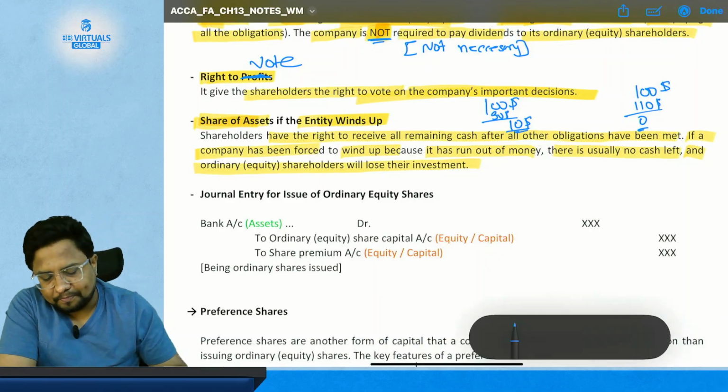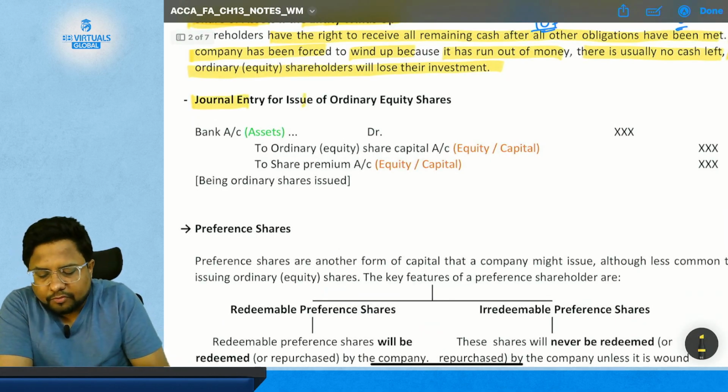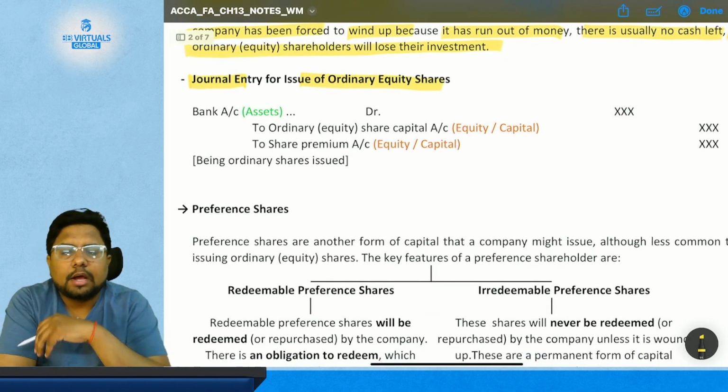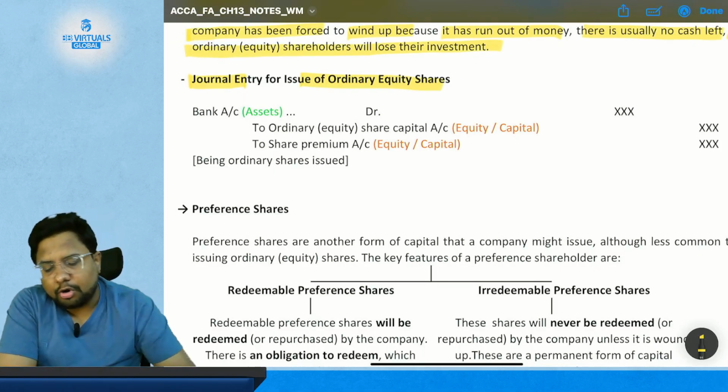Got it? Now let's understand the journal entry for the issue of ordinary equity share. So what will be the journal entry for the issue of ordinary equity share?